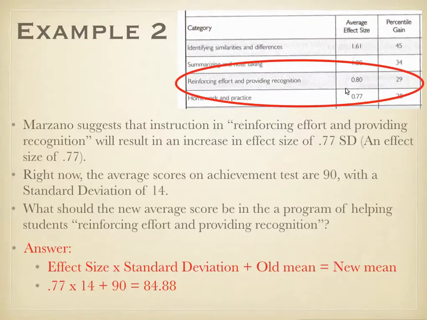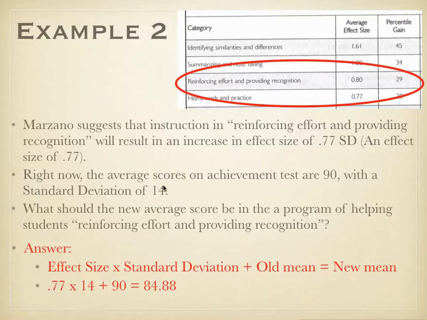Reinforcing effort and providing recognition. How much of an increase can you do if you were to engage your students, complimenting them, encouraging them to give their best effort and rewarding and recognizing that effort? Well, Marzano said you should see an effect size of 0.8, excuse me. So right now the average scores on this particular achievement test are 90, standard deviation of 14.